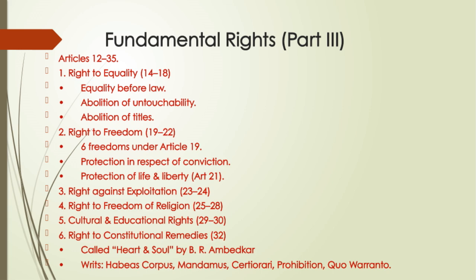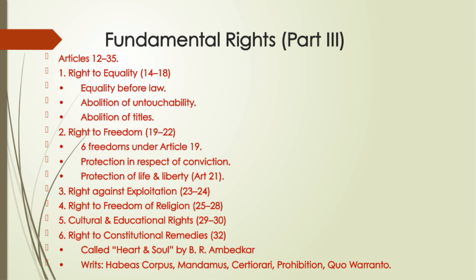Following that are the cultural and educational rights in Articles 29 and 30, designed to protect the rights of minorities to conserve their culture, language, and educational institutions. Finally, the right to constitutional remedies, in Article 32, is often called the heart and soul of the Constitution by Dr. B.R. Ambedkar.